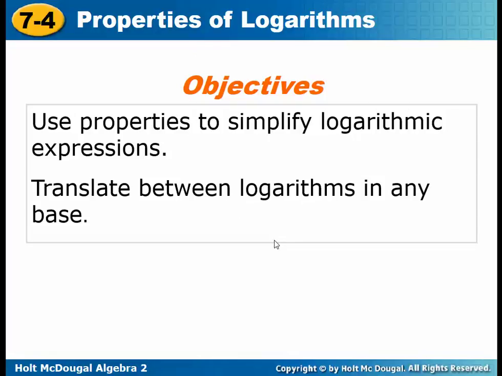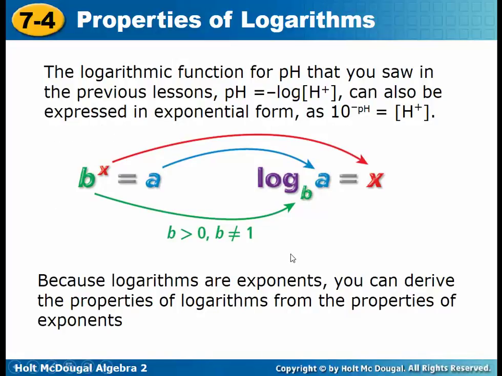At the start of quarter 3, we reviewed properties of exponents. And that was good because remember that logs are exponents, so you're going to realize that the properties are very similar. The log function for pH that you saw in the previous lessons, pH equals negative log of H plus, can also be expressed in exponential form, like 10 to the negative pH equals H plus, because remember this is log base 10 if there's no base there.